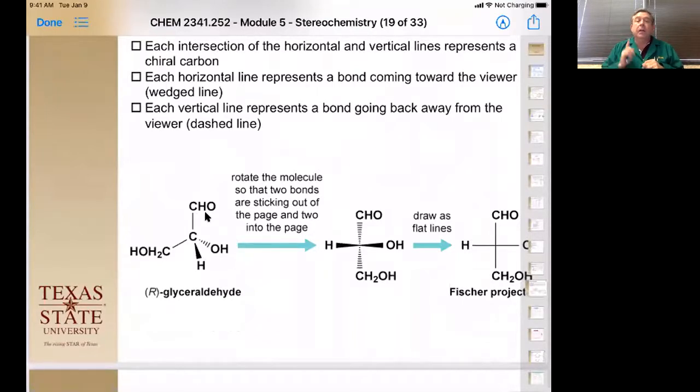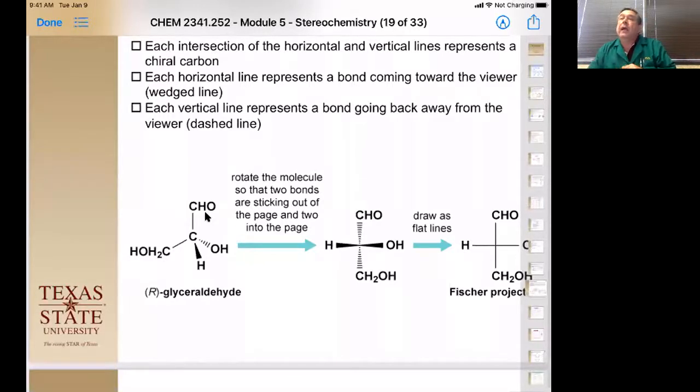The vertical lines always represent the, number 1, they intersect at the chiral carbon. And number 2, the ones that are going up and down are always behind the viewer, behind the plane of the paper or the iPad. The ones that are going horizontally are always coming toward you. Okay, so they're coming toward you.